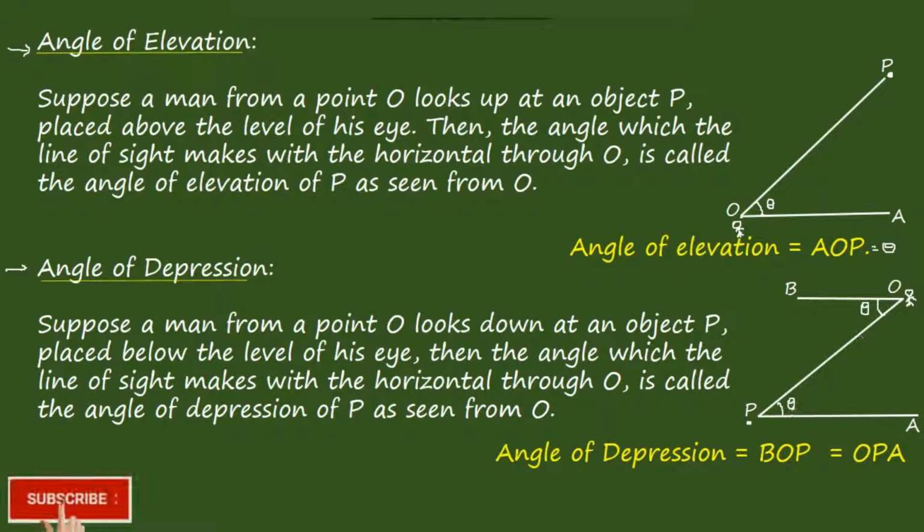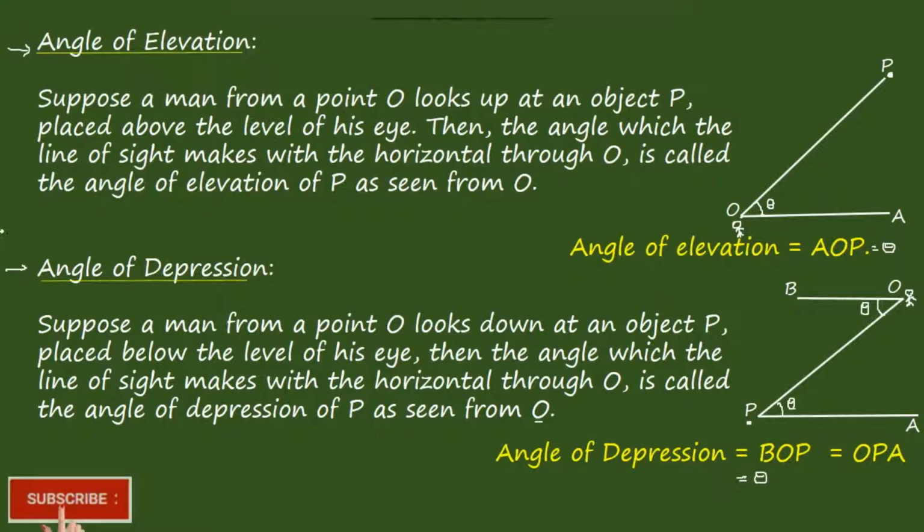This angle and this angle will be the same. Then this particular angle is called the angle of depression. Same thing is written here. Suppose a man from a point O looks down at the object P, placed below the level of his eye, then the angle which the straight line makes with the horizontal through O is called the angle of depression of P seen from O. It's very, very important to solve any type of problems.